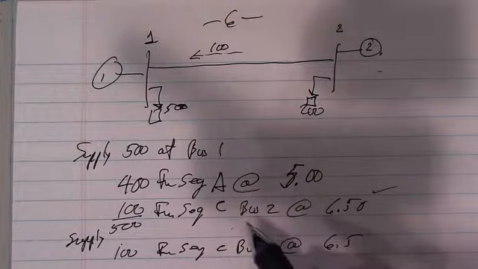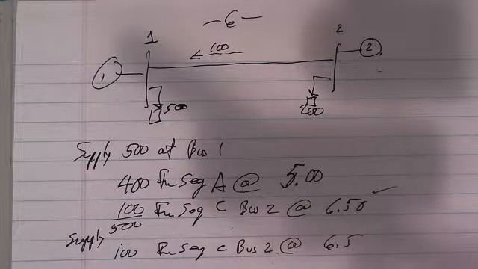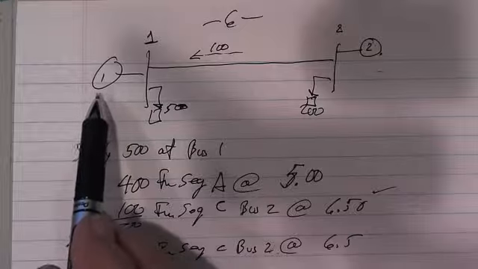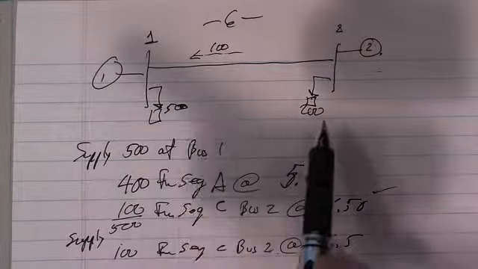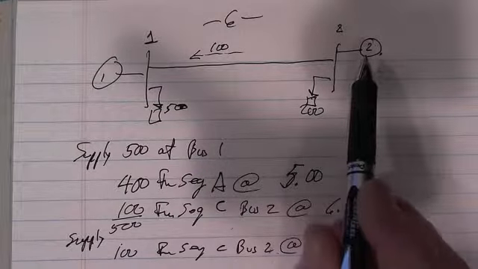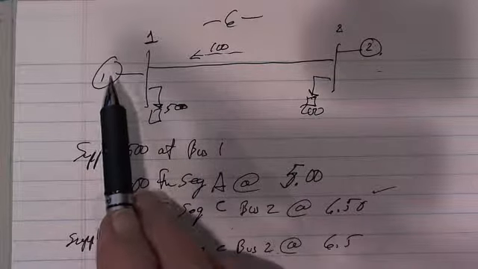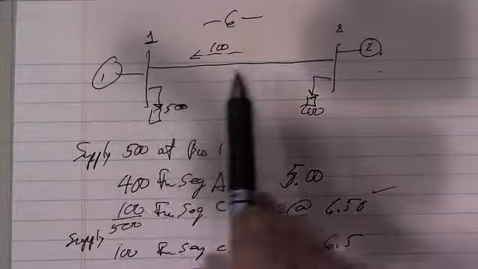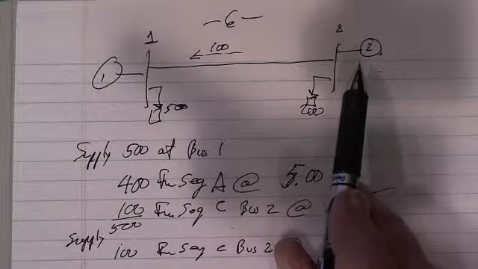Well, I go back to the market and I say, okay, I need 300 megawatts. I love to think of the fact that there's a guy sitting at a desk with a telephone here, and he's talking to these loads. This is a marketplace. There's a guy here, and the guy says, I need 300 megawatts. This guy says, okay, I've got segment B at 7.5. This guy says, I've got segment D at 8.0.